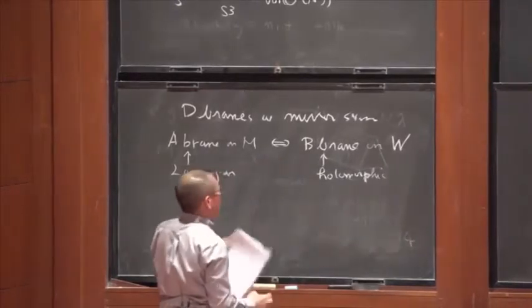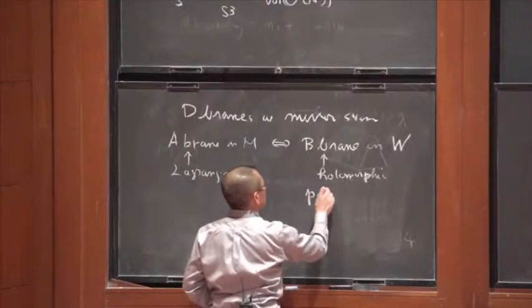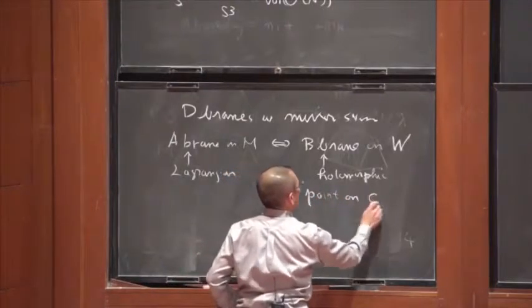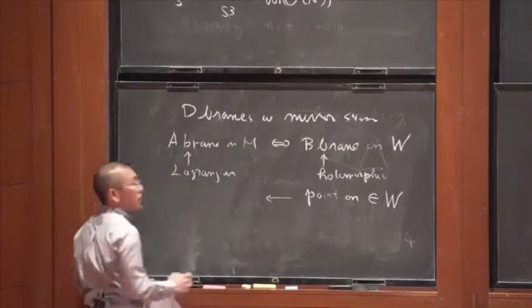In particular, the zero-brane, which is a point on W, should be mirrored to some particular Lagrangian.